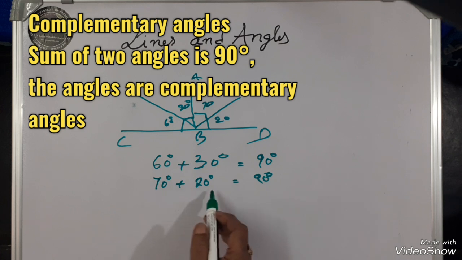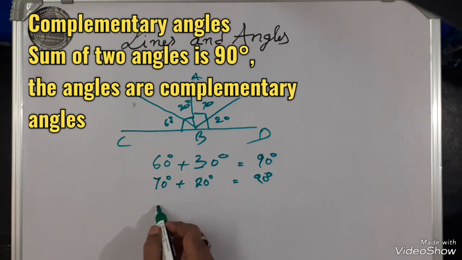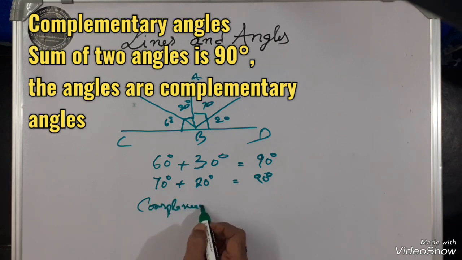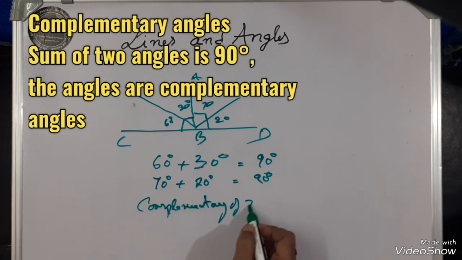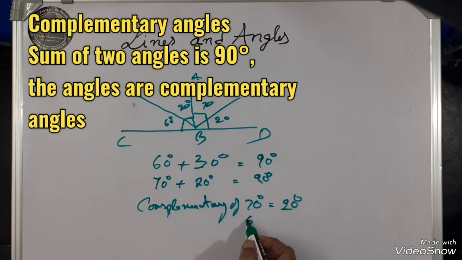When the sum of two angles is equal to 90 degrees, then each angle is complementary to the other. So the complementary angle of 70 degrees is 20 degrees. Complementary of 60 degrees is 30 degrees. Like that, complementary of 30 degrees is 60 degrees.